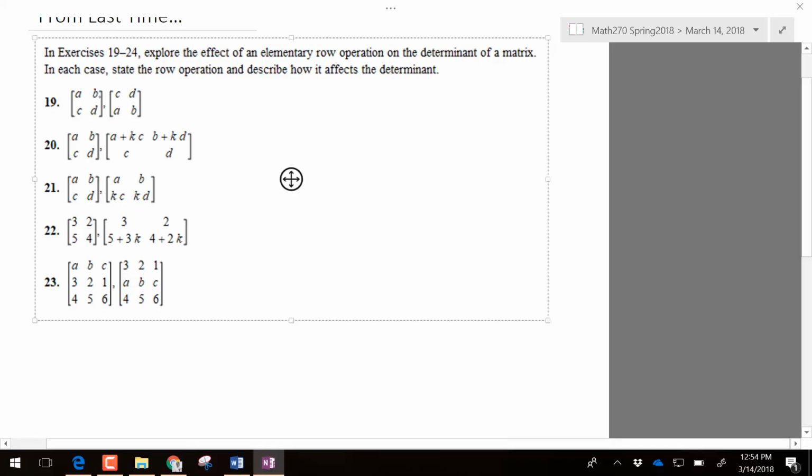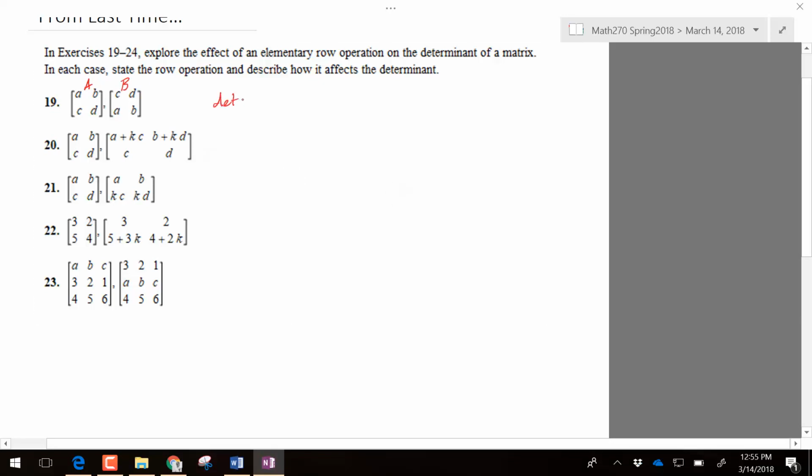Let's call the first one A and the second one B. The determinant of A is a 2 by 2 matrix, so it's the product of the diagonals minus the wings: AD minus BC. And the determinant of B in this case is BC minus AD.